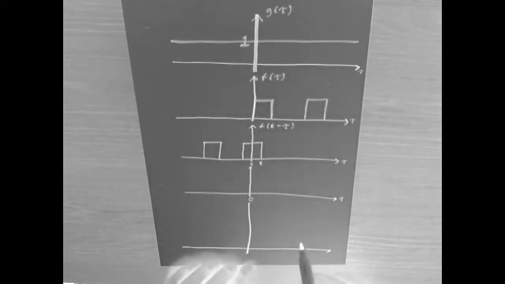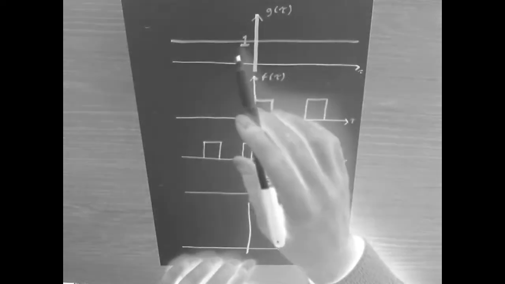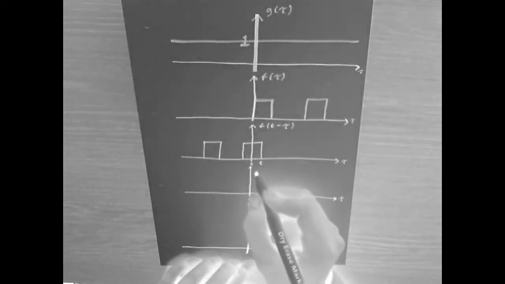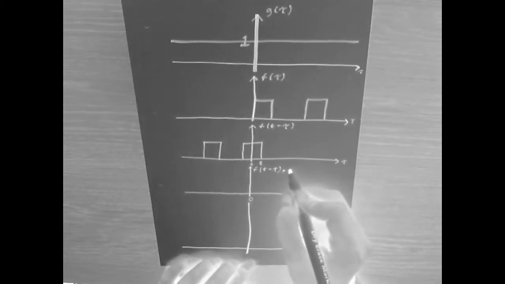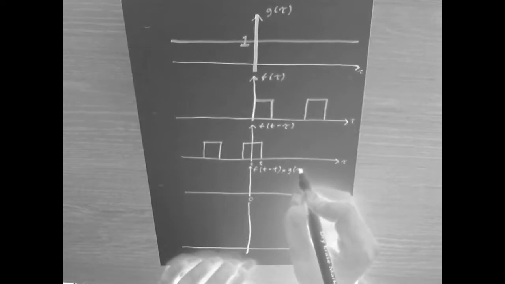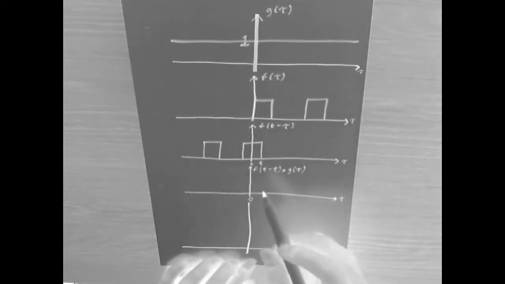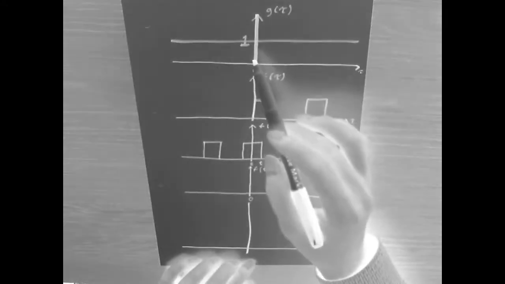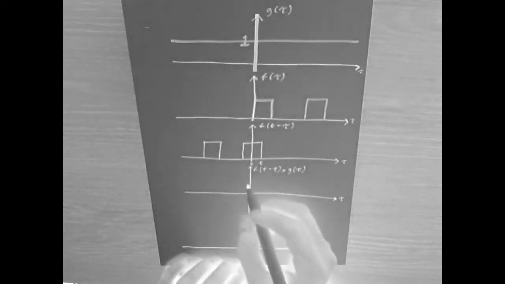Now then, we need to multiply f of t minus tau with our transfer function. In this case, it looks pretty much the same because this is a constant and this is of this shape.